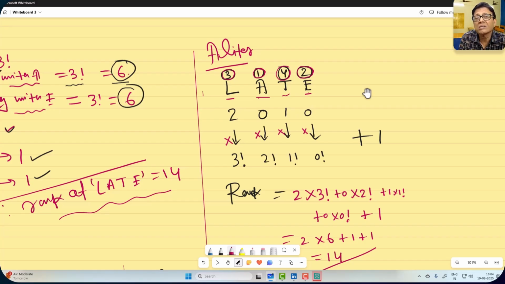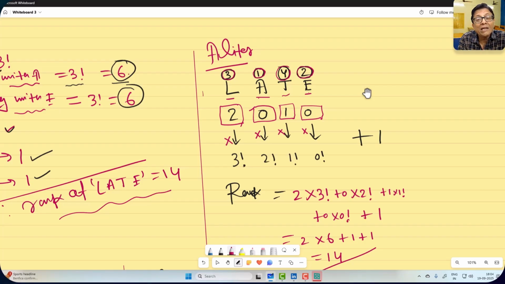None, because the ranks of T and E are more than the rank of A. There is no letter on the right side of A whose rank is less than A. That's why we have taken 0 over there. On the right side of T, only one letter has rank less than 4, that's why 1 here. On the right side of E, no letter is there, that's why 0. On the right side of L, 2 are there. Now what do you have to do?